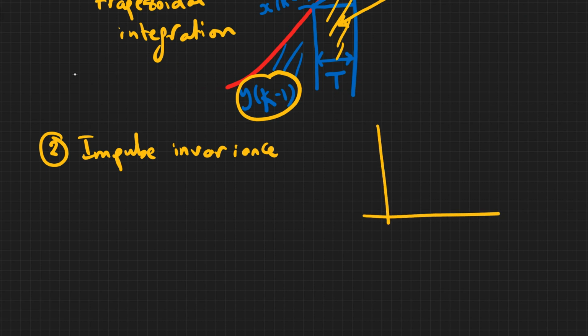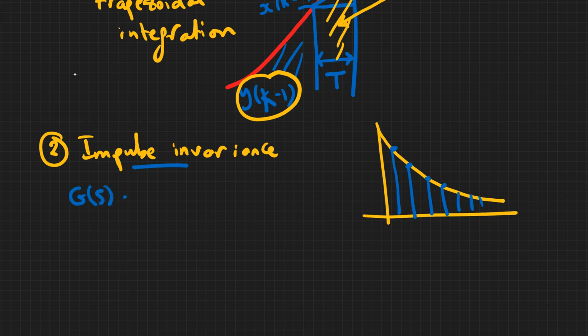All it says is that if you have an impulse response, and you discretize this impulse response like this, the impulse invariance says that we're going to preserve the value of the impulse response at the discrete time steps when transforming from the continuous to the discrete.